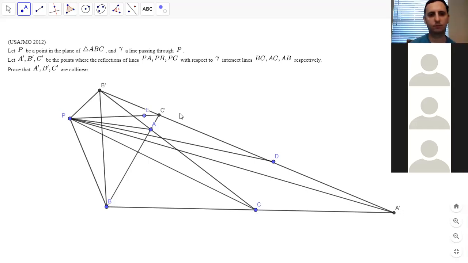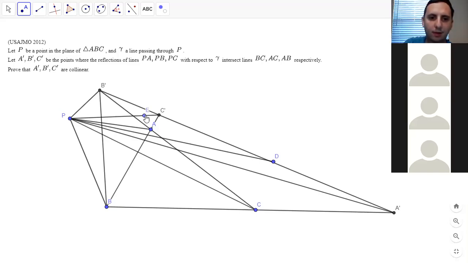By using the isogonal lemma, let me denote C double prime as the intersection of A prime B prime and AB. So we have PC double prime is isogonal with PC.